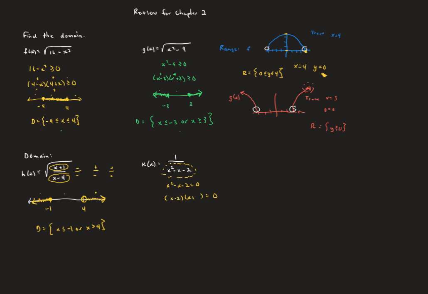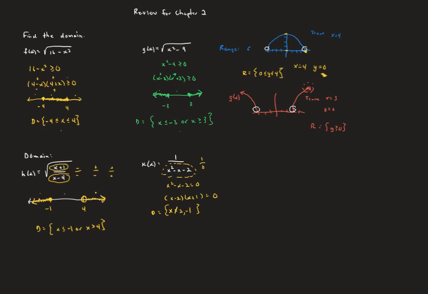If we factor that correctly, we'll get positive 2 and negative 1. So when x is 2 or negative 1, we're going to get a divide by 0, which is undefined, so our domain can be anything except for 2 and negative 1.